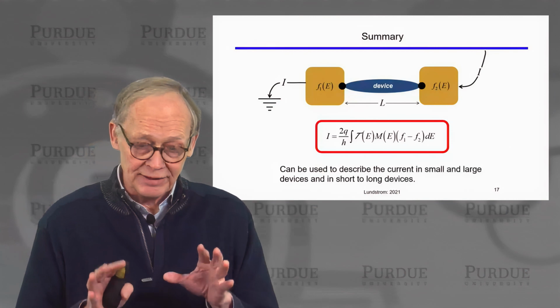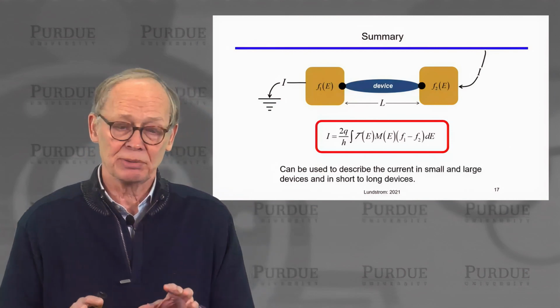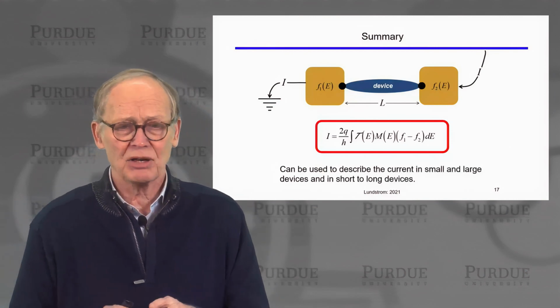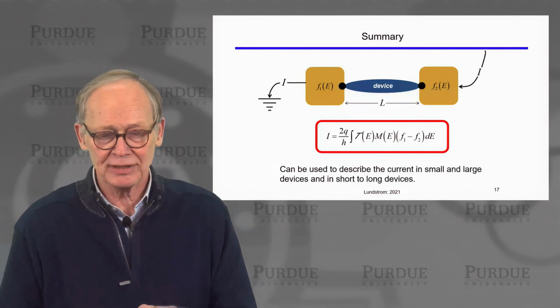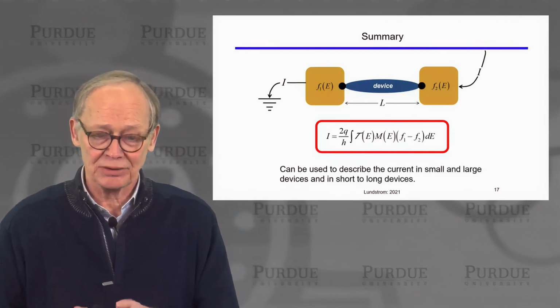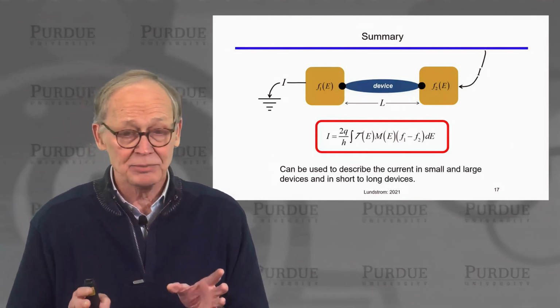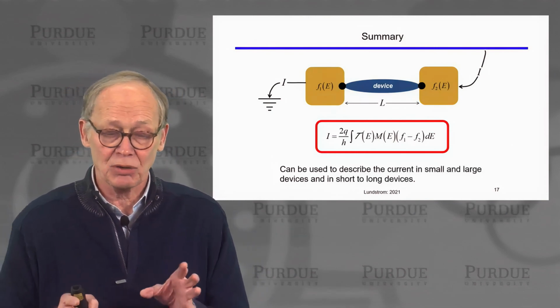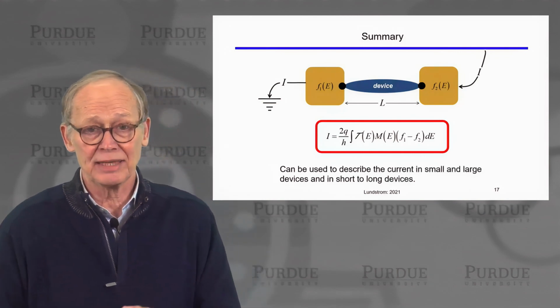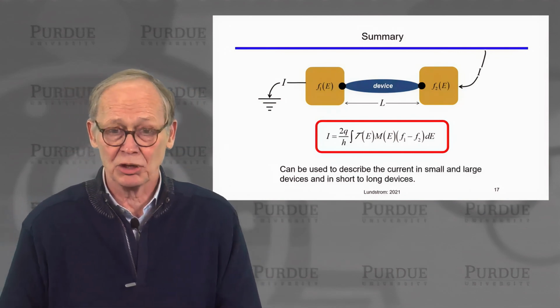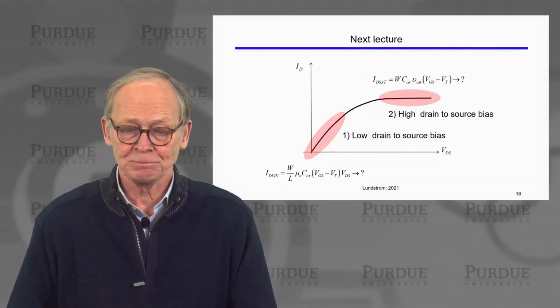So to summarize, this is the current equation that we're going to apply to MOSFETs. We've tried to talk about the key quantities in that expression: the transmission, the number of channels, and the Fermi window. This can be used to describe current in small and large devices, in devices that are much shorter than a mean free path, and devices that are much longer than a mean free path.